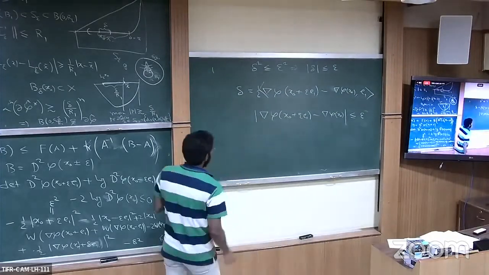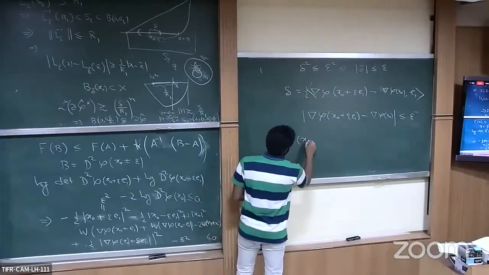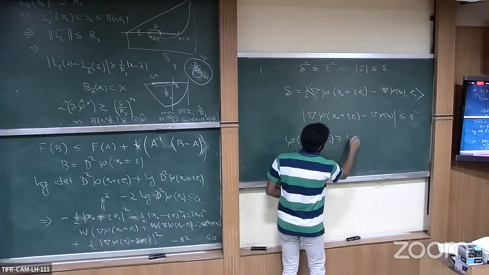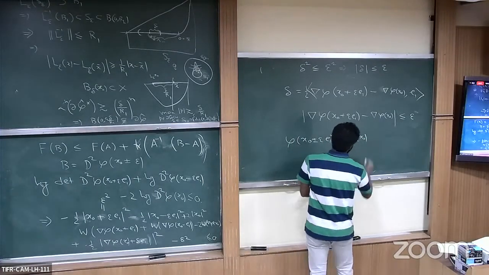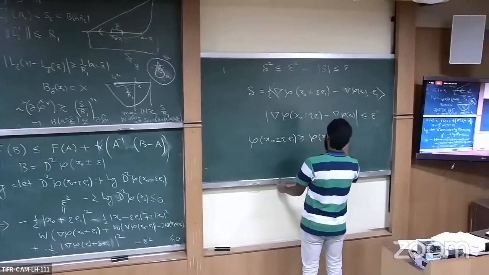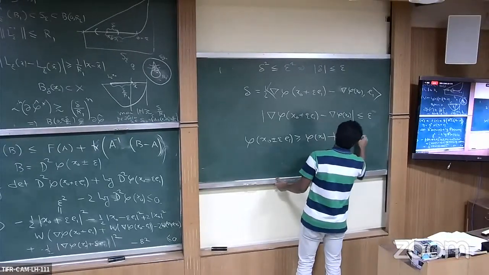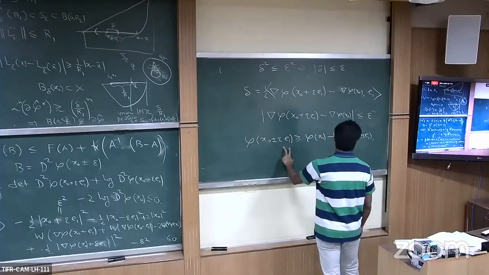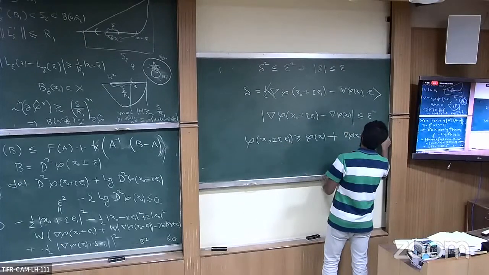And now we use the convexity: h naught plus or minus epsilon e1 is bigger than or equal to c of x naught plus gradient p at x naught plus or minus epsilon e1 times plus or minus epsilon e1.